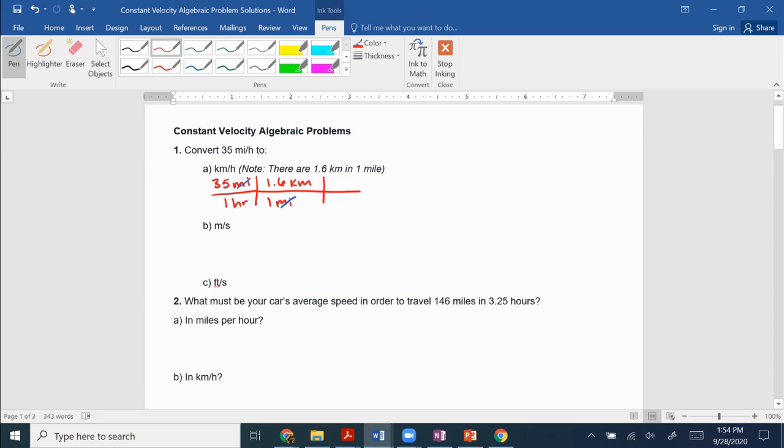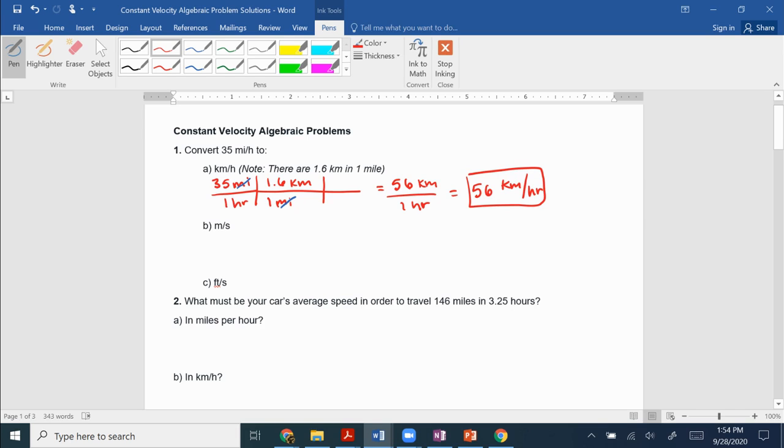So we just multiply across. 35 times 1.6 is going to give you 56 kilometers over 1 hour, which equals 56 kilometers per hour.